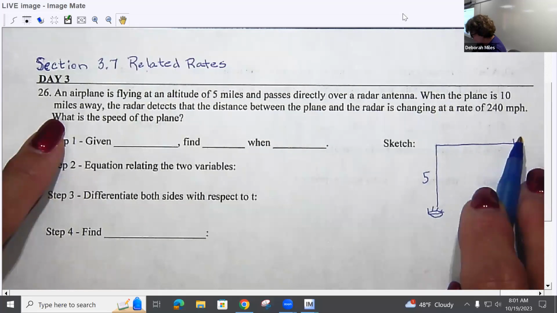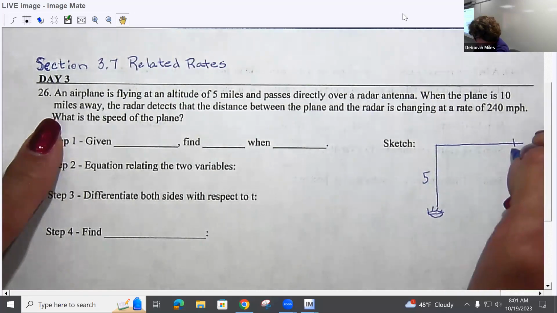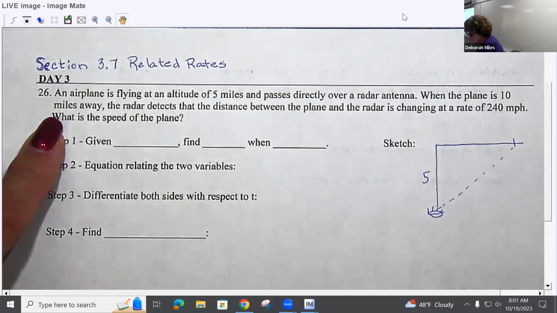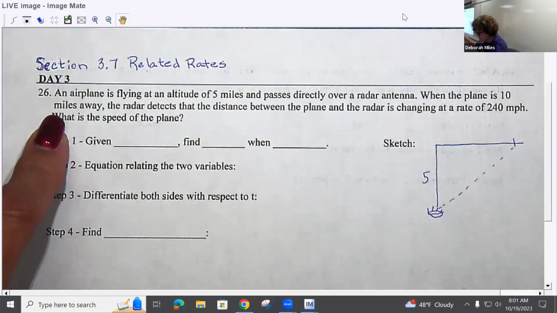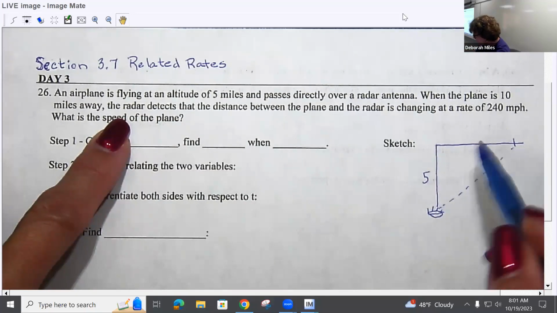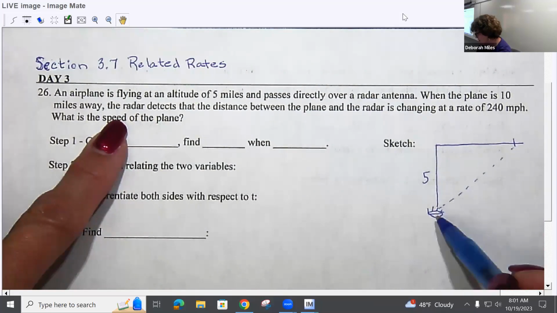Do you see the distance between the plane and the radar? Hypotenuse of a right triangle right there. And when the plane is 10 miles away, is that a constant or something that's changing? So I'm not going to put it on my picture. The radar detects that the distance between the plane and the radar, sounds like we need a variable for the distance between the plane and the radar.